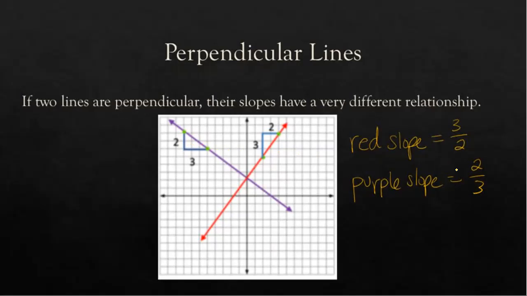So I know that one of these is negative. My slope overall will be negative. So I have the red line going uphill and the purple line going downhill. The red slope is 3 over 2, and the purple slope is negative 2 over 3. How are these related?